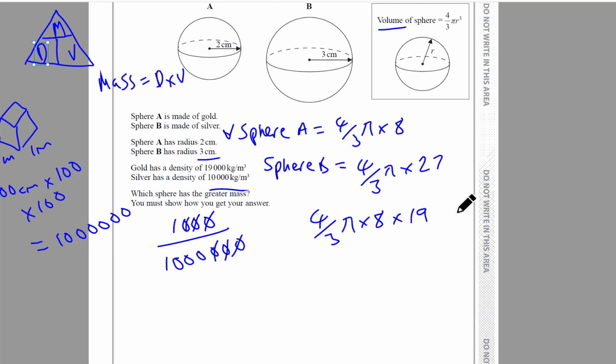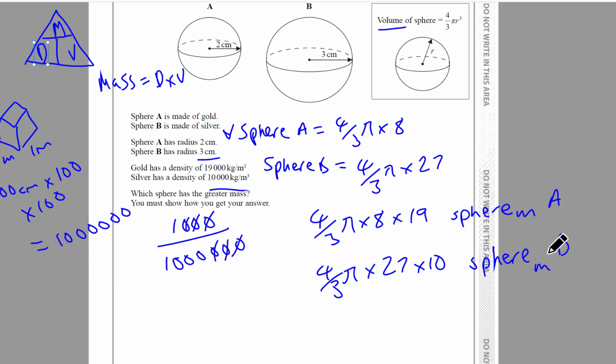That's the density of the mass, sphere A. And sphere B is going to be 4/3 pi times 10, but times the 27, times the 27 times 10, equals the mass of sphere B.